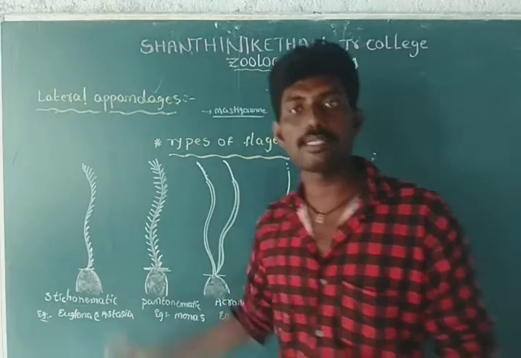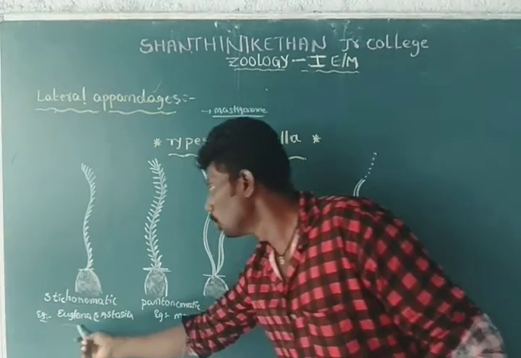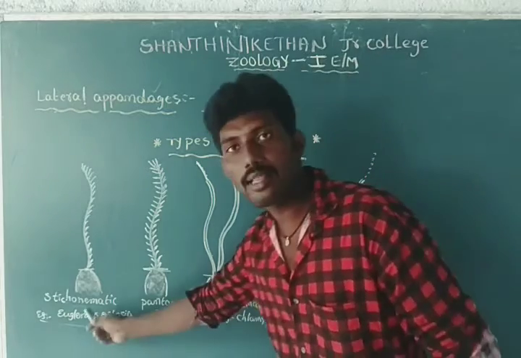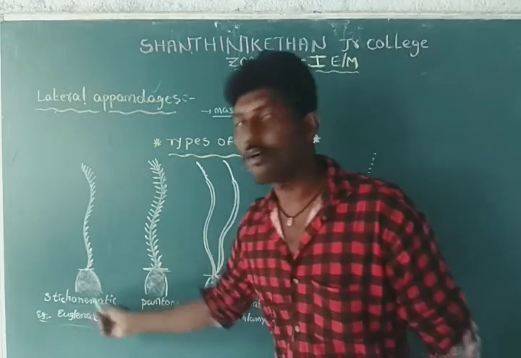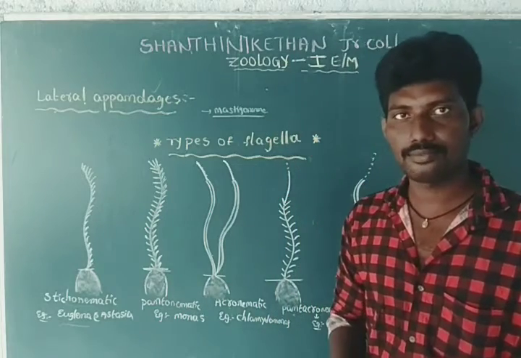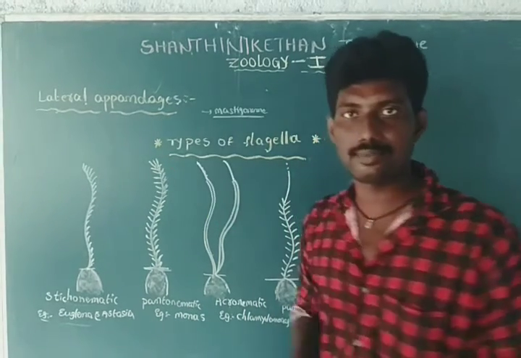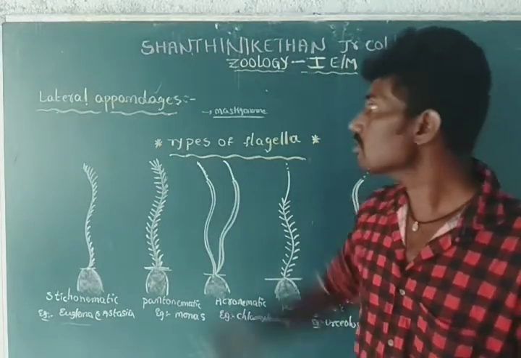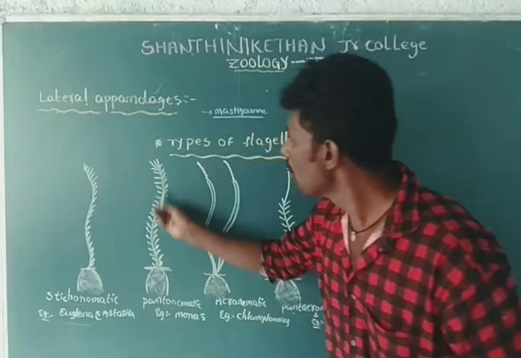The best example of organisms with this type of flagellum is Euglena, and another example is Astasia. These are stichonematic flagella. Types of flagella are based on lateral appendages, the fibrils borne in one or two or more rows.